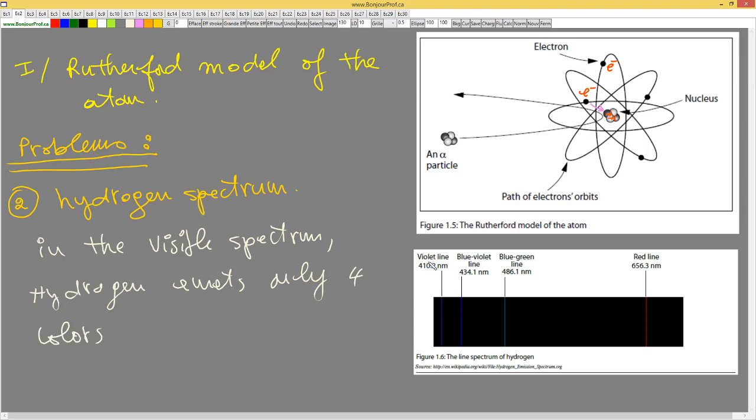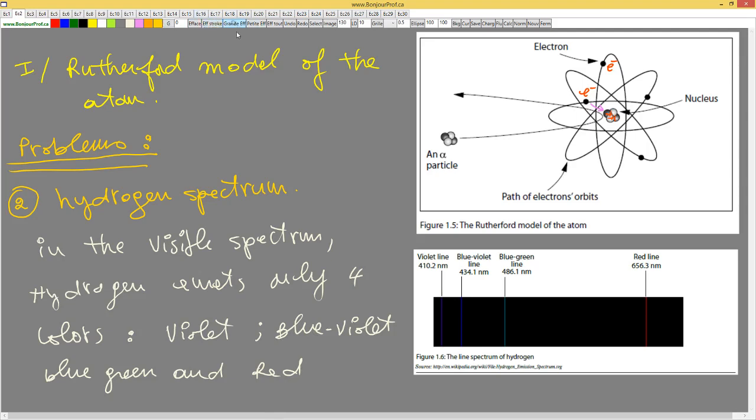What are these colors? Violet, blue violet, green, blue green, and red. So what are these colors? We call them discrete colors.